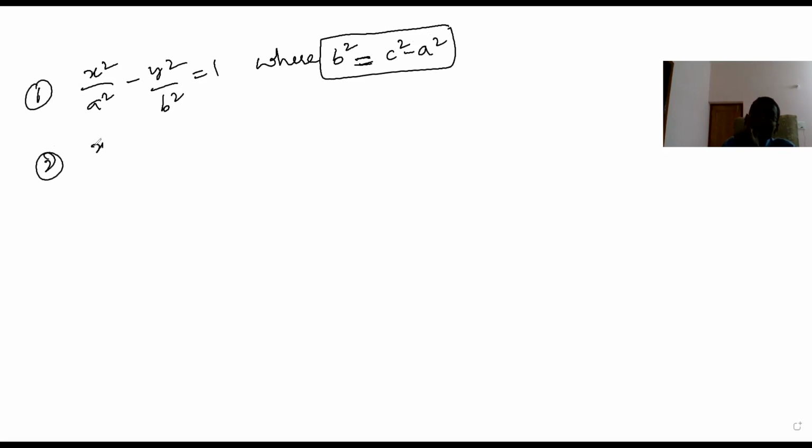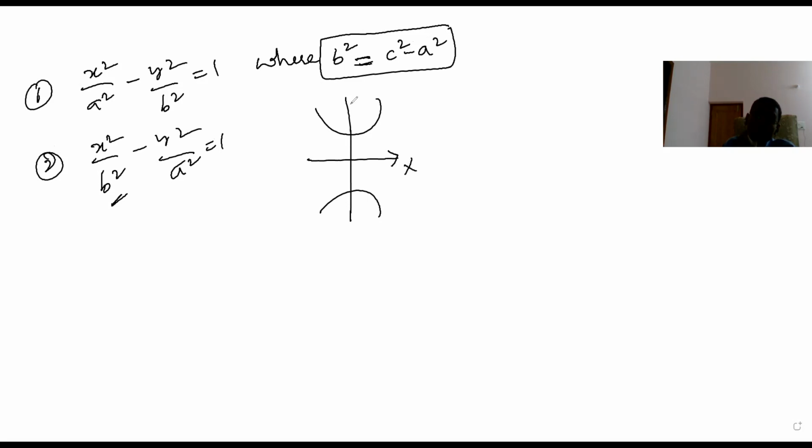Form 2, this we know. This is like this: x square by b square on the x axis, y square by a square on the y axis is A square. Like that. I hope you understand, right?